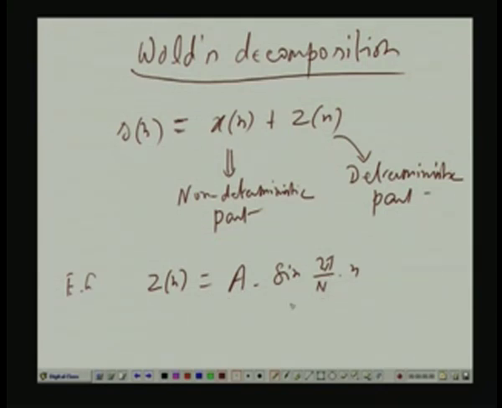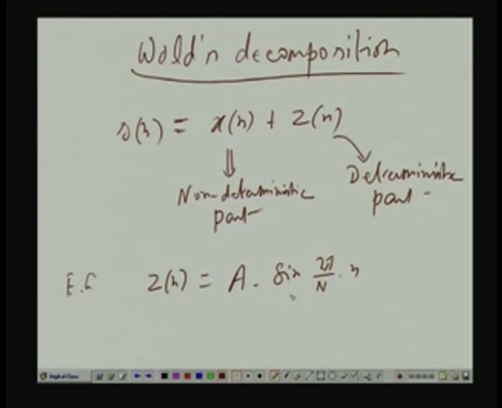It is a discrete sinusoidal sequence, which is periodic over a period capital N, and the amplitude is A. So, every time you perform an experiment, you find this sinusoidal sequence, but the amplitude changes because amplitude is random. This process, according to me, is a deterministic random process. It is random because amplitude A is random. So, sometimes it can be very small, sometimes it can be very high. So, you get sinusoids of various amplitudes, in that sense it is random.